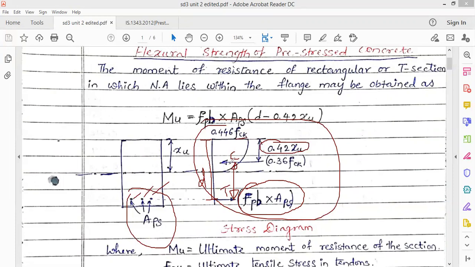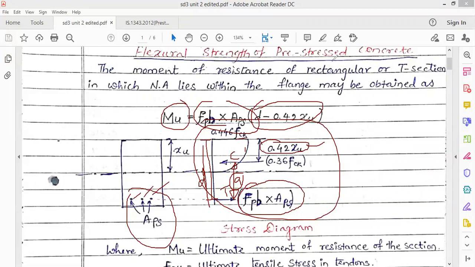So I need this lever arm a. a + 0.42 xu = d, so I get the a value as d − 0.42 xu. So this is the distance here, d − 0.42 xu. So it is the force into distance, that is the moment of resistance here.